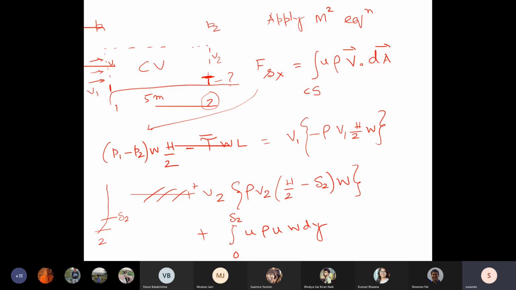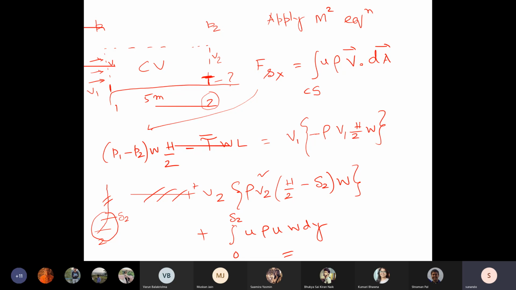Did you see what I have done? I have simply divided the flow into 2 parts. This is part 1, which is this term, and part 2 is this term. Because of the constancy of velocity at location 1, I only used V1.